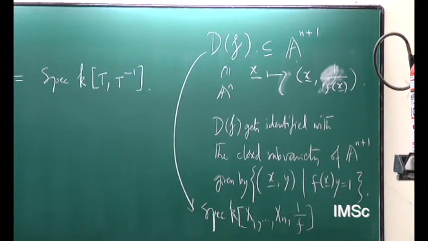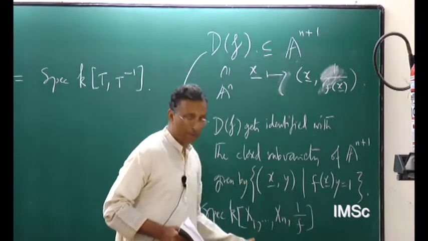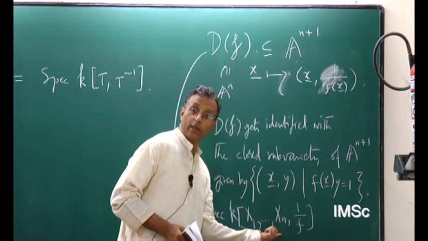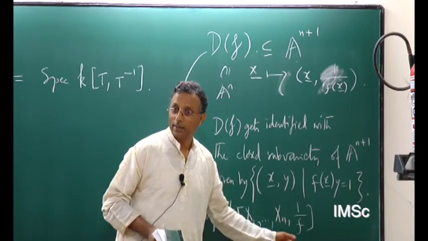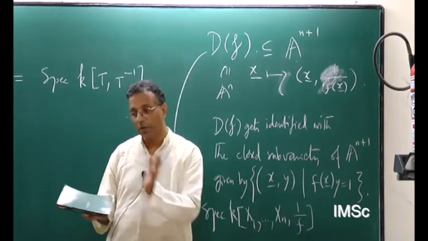Okay, you can also do that. Now, this and this are sort of the same, because how do you think of this? When I give you some affine algebra, how do you think of it as a variety?